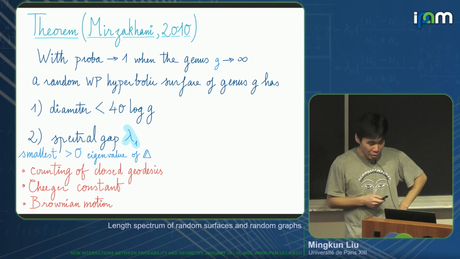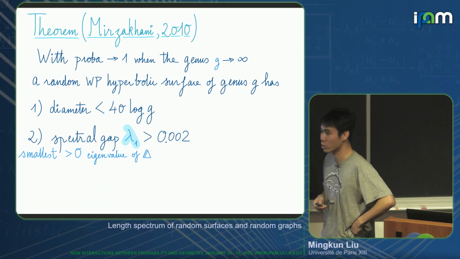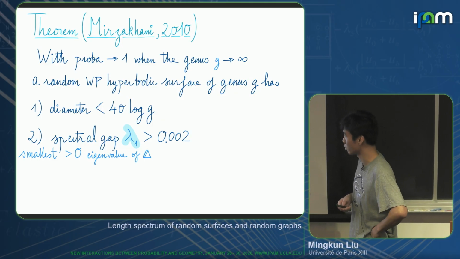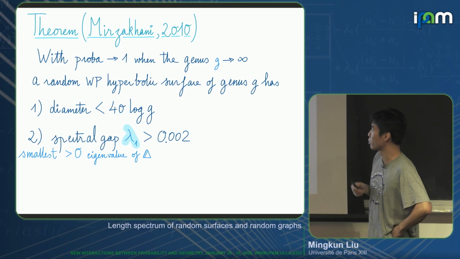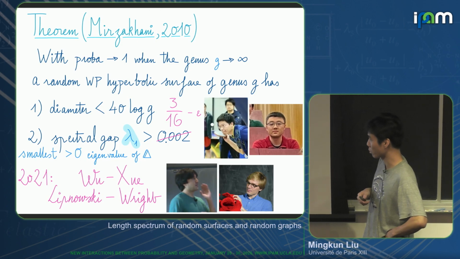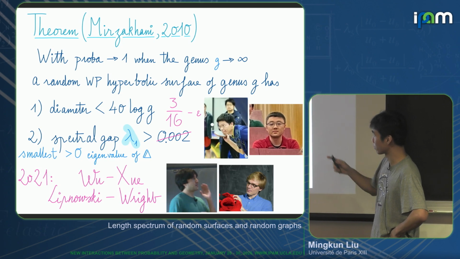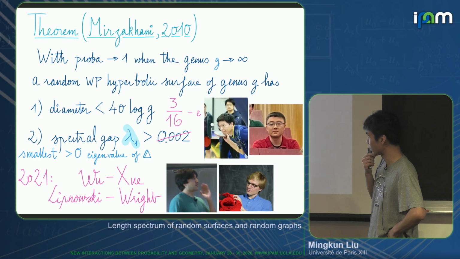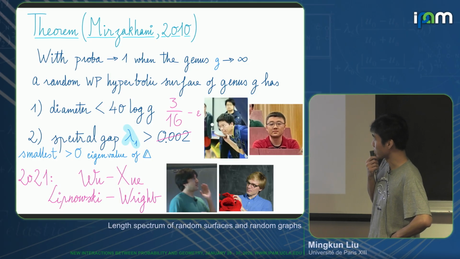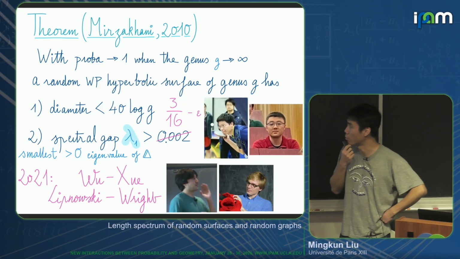Mirzakhani proved that there exists a spectral gap which is at least 0.002. This result was improved about 10 years later, in 2021, by two groups of researchers. The first one, Wu Yunhui and Xu Yuhao in Beijing, and the second, Michael Lipnowski and Alex Wright in North America.